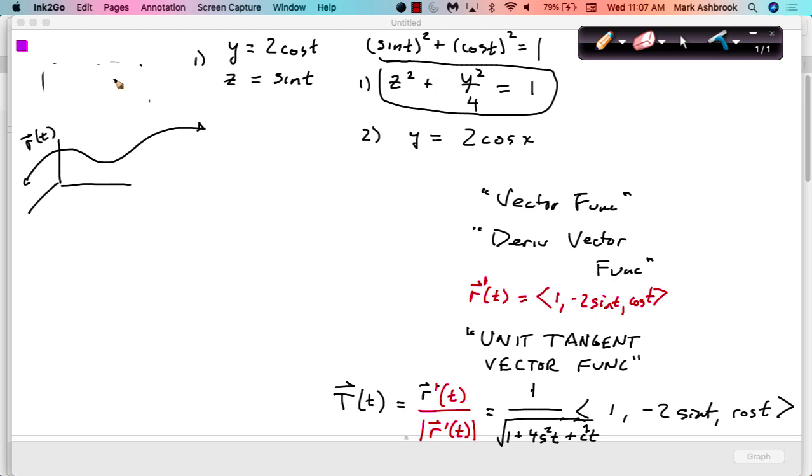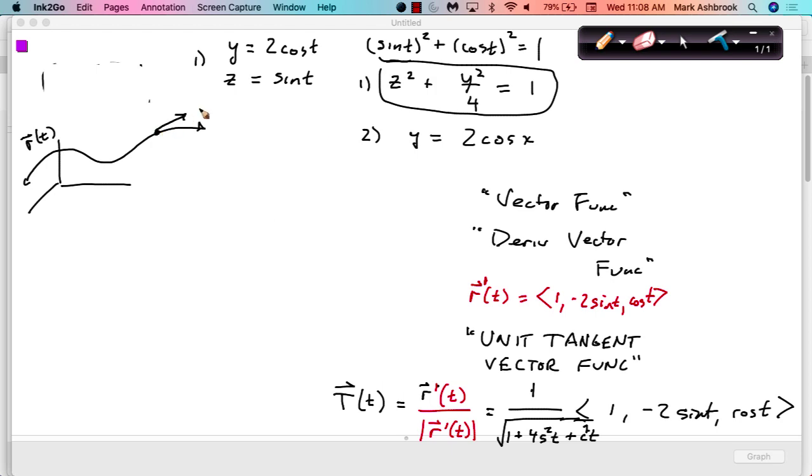This is my vector function r of t, and it's a curve in space. And now at this point right here, we have the unit tangent vector, and using the numbers on the clock, which direction will the unit tangent vector point, approximately? Like 12 o'clock, 3 o'clock, 6 o'clock. You should be thinking 2. It's about 2 o'clock.